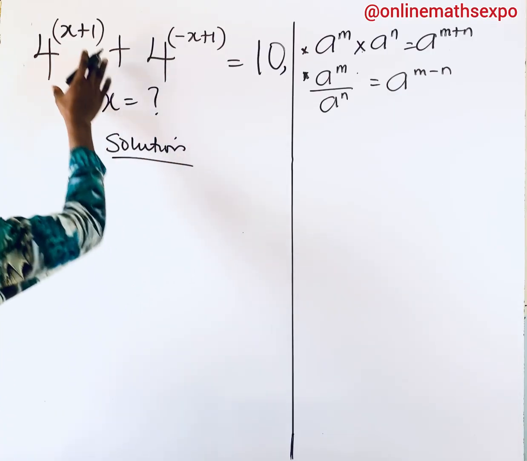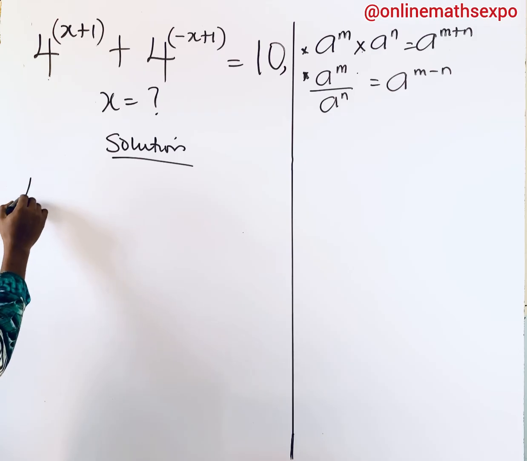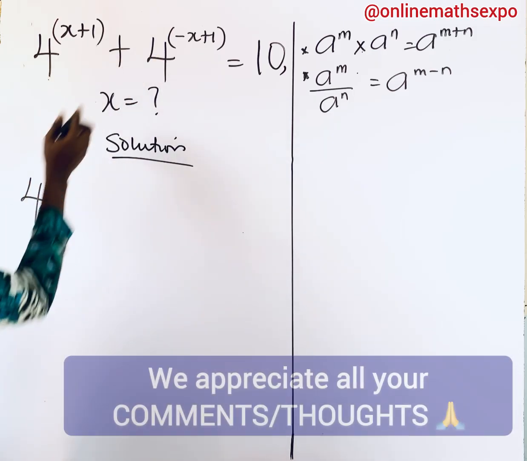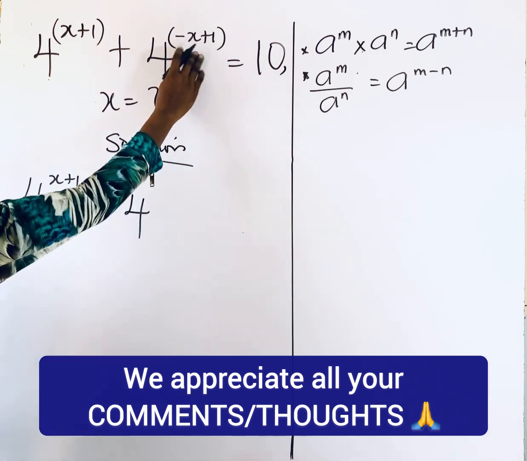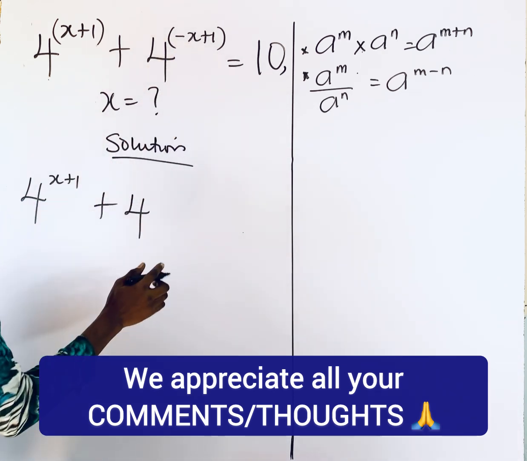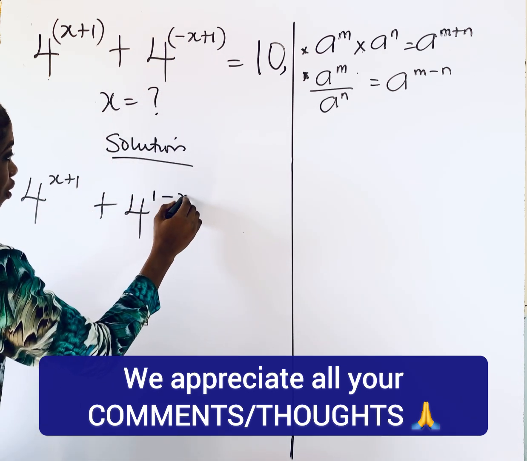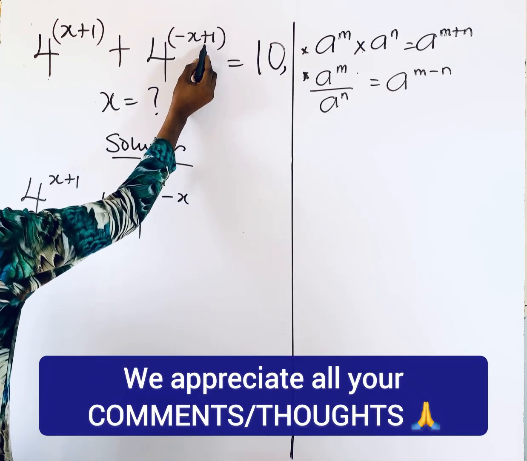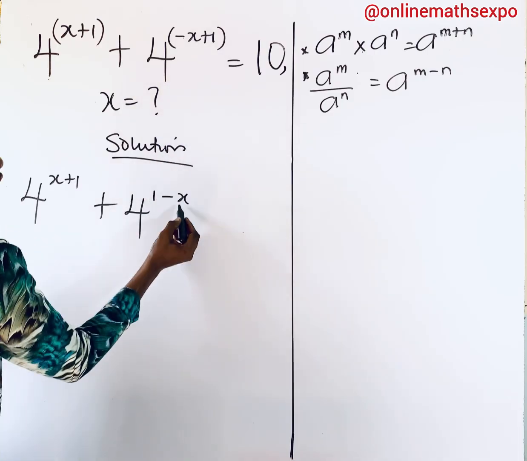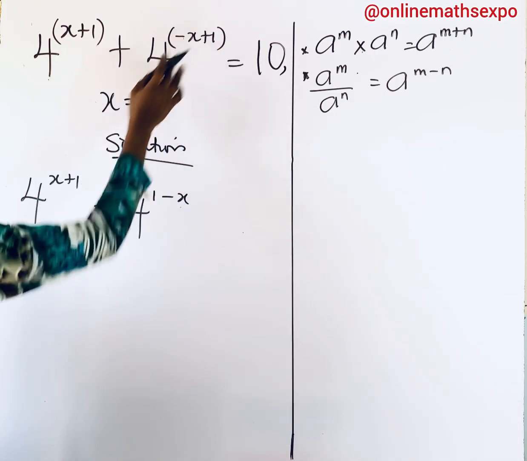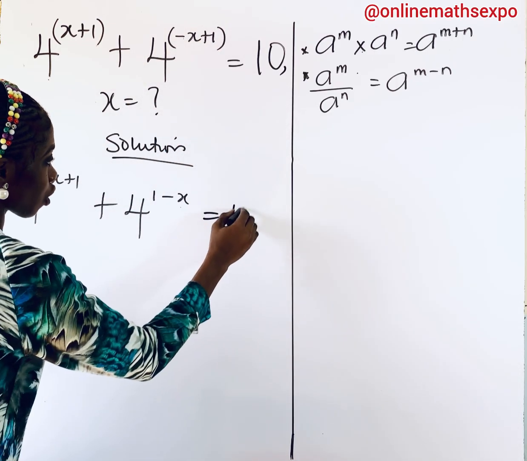So in that case, for this, we're going to have 4 raised to power. Okay, let's rewrite the question. Now remember, this can be rewritten as 1 minus x. You notice that the positive sign is on 1, just like here, and the negative is on x, which is this. So this and this are the same, and this is equal to 10.